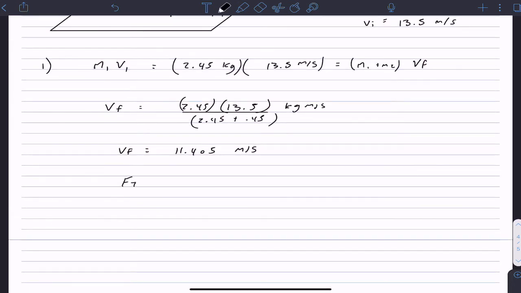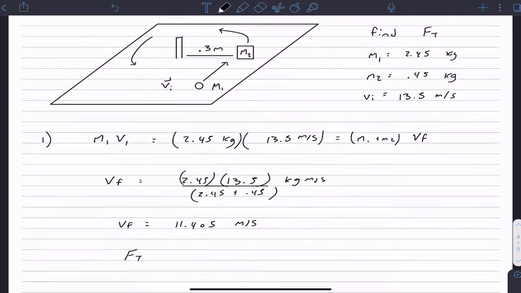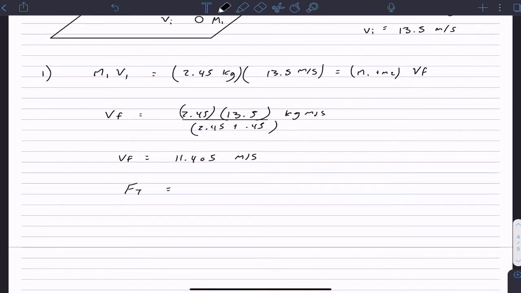Now the forces acting on the block and the ball together are going to be the tension force, and because it's spinning in a circle, the net force is the acceleration force, which we call centripetal force. So it's going to be mv squared over r.